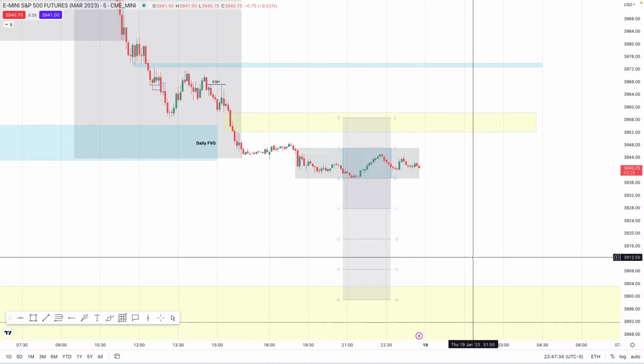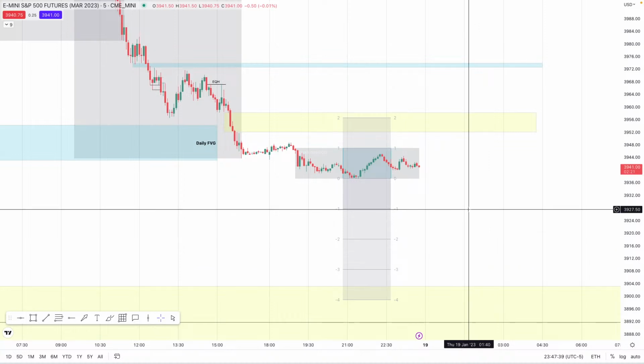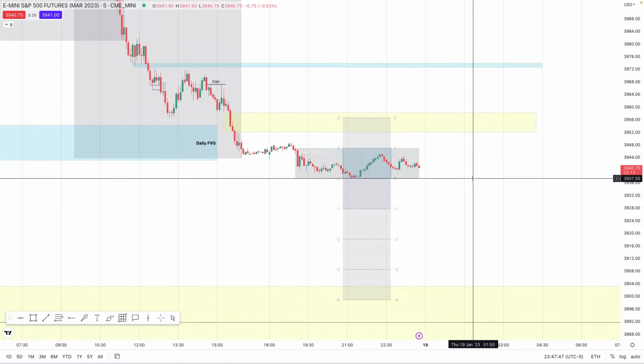But that's something that I would look for, and that's what I would have available as one of my possible scenarios to watch out for that aligning. It doesn't mean that it's going to happen, but I like to give myself, like I said, a few scenarios as to what could possibly occur.